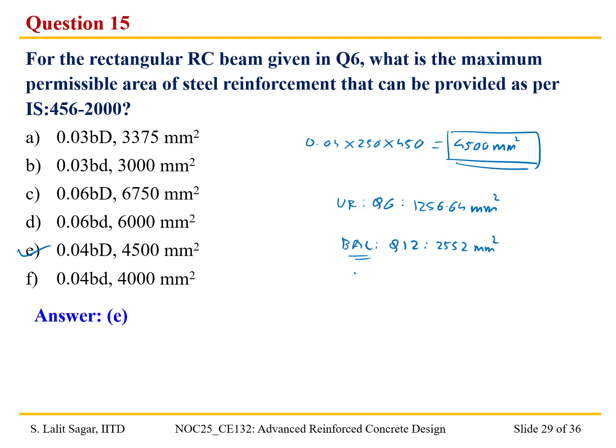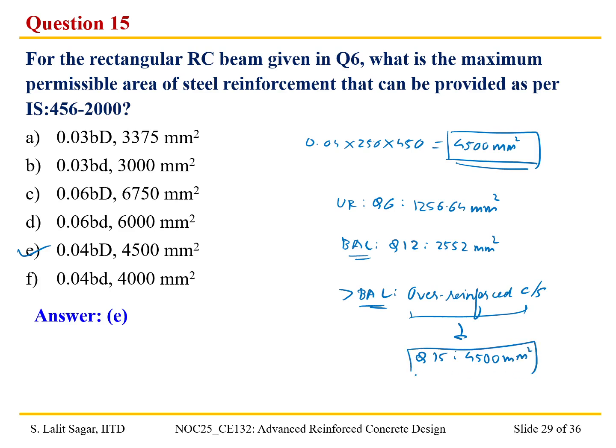Any amount of steel beyond the balanced section results in an over-reinforced cross section. For this particular question 15, we have Ast equal to 4500 mm square. So now let us determine the moment curvature plot and see how the behavior of the beam becomes if we provide an over-reinforced cross section.